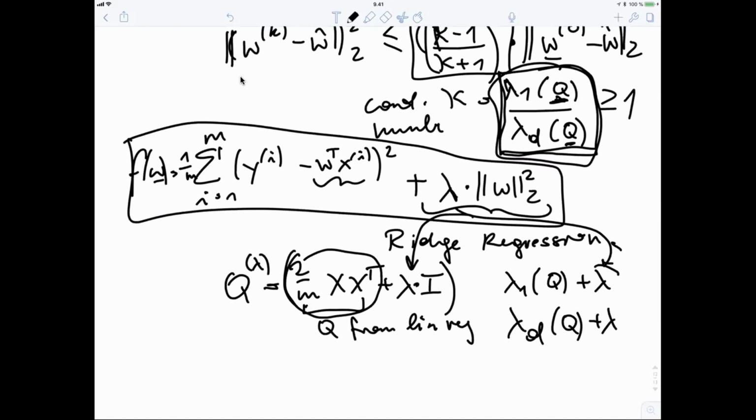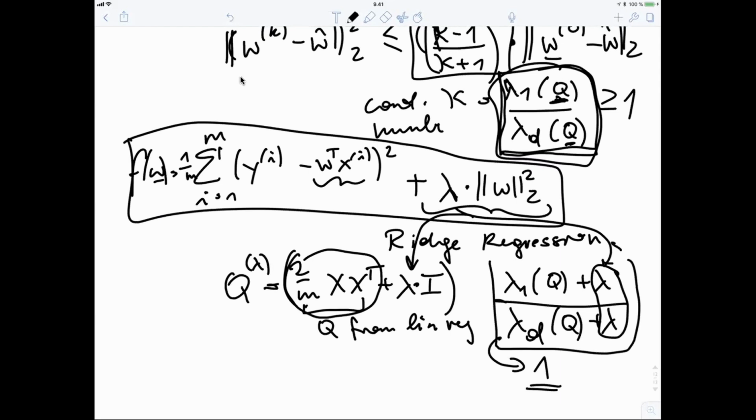If you make lambda large, then the ratio between those two goes towards 1. And this is the condition number that determines the convergence of gradient descent for ridge regression. So if you make this regularization parameter larger and larger, this is actually favorable for the computational properties of the method, in the sense that gradient descent will converge faster and faster.